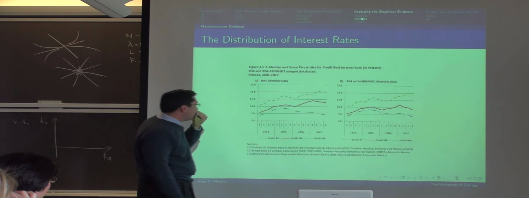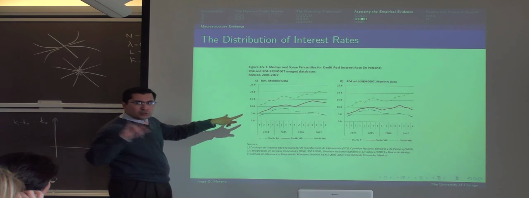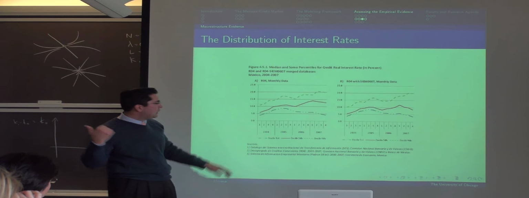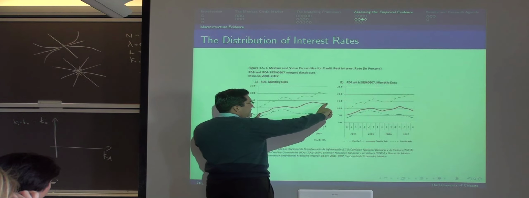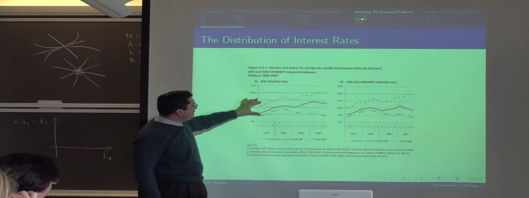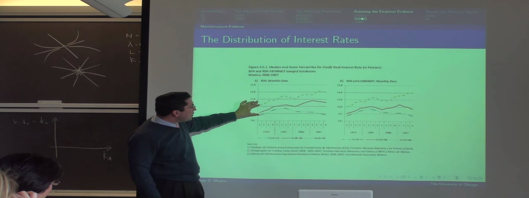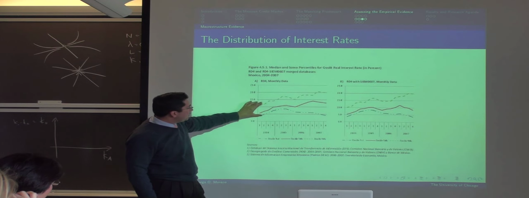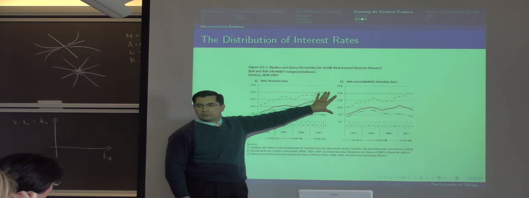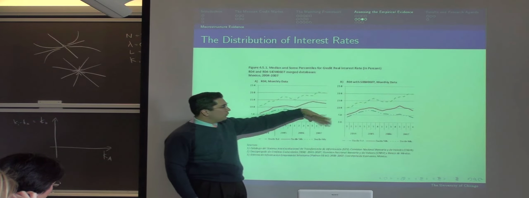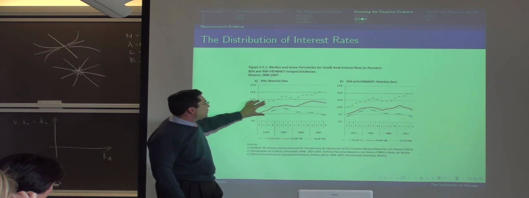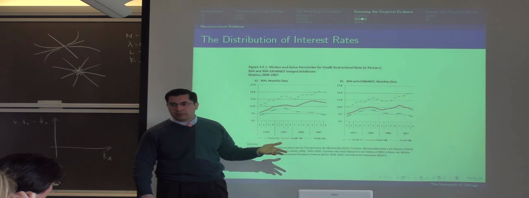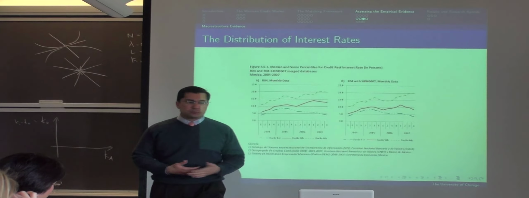But what is going on here is that, as we saw in the first slides, the median interest rate seems to be going up, right? And the dispersion of the interest rate also seems to be spreading in the market. So this is the second fact: the distribution of interest rates is not constant, basically. It's changing somehow.